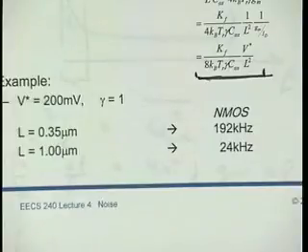Also, depending on where you read this, flicker noise supposedly depends somewhat on biasing conditions. So if you use a high or small VGS, you may actually get different amounts of flicker noise.